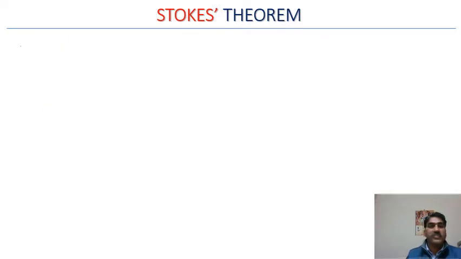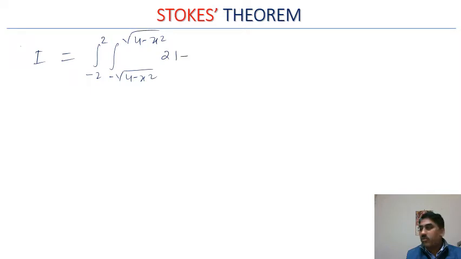Now simplify this and we will get I is equal to the double integral, with x from minus 2 to 2 and y from minus square root of 4 minus x square to plus square root of 4 minus x square, of 21 minus 12y dx dy.